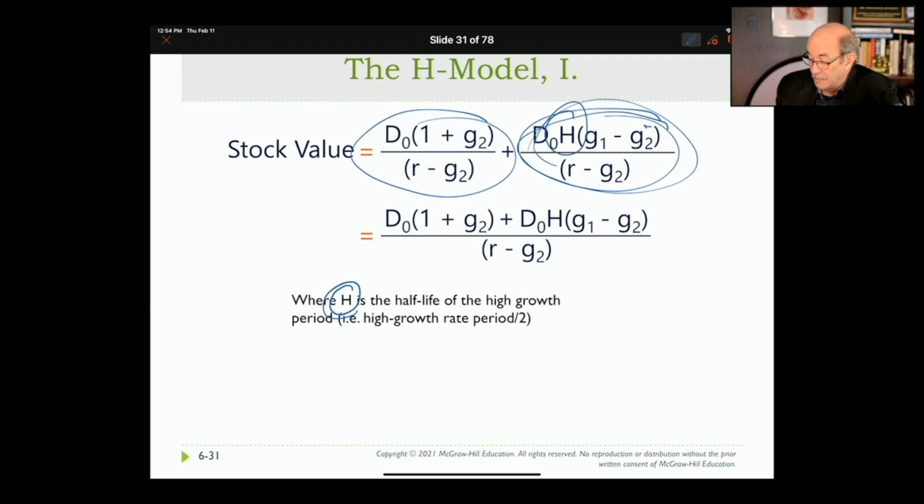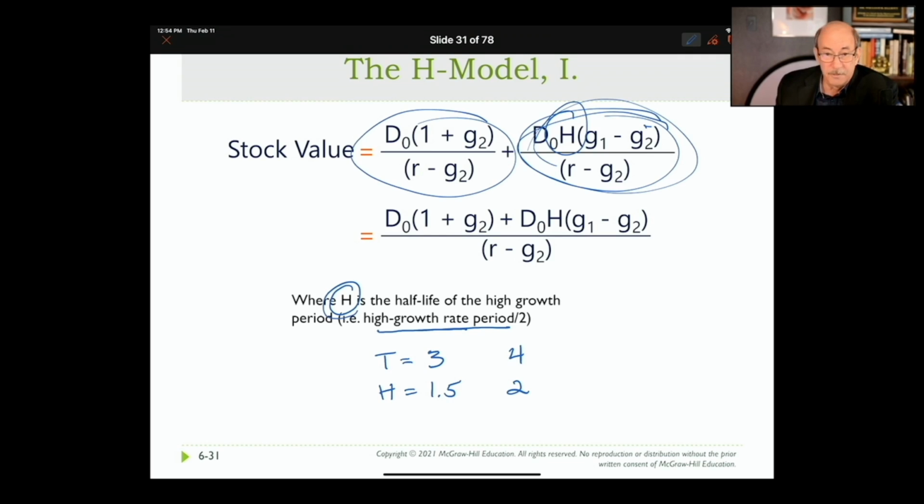H is simply the high growth rate period divided by 2. So if T is equal to 3, H is equal to 1.5. So we have the high growth rate for 3 years, and H would be 1.5. If the high growth rate is 4 years, H is 2.